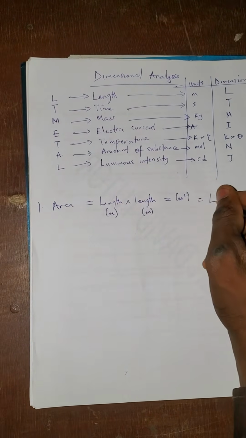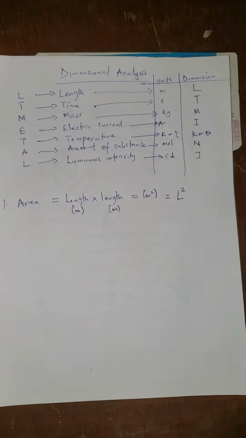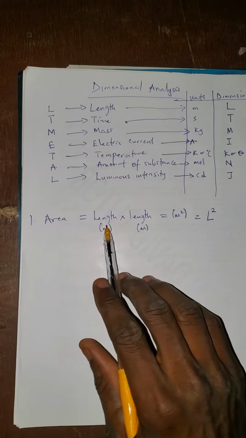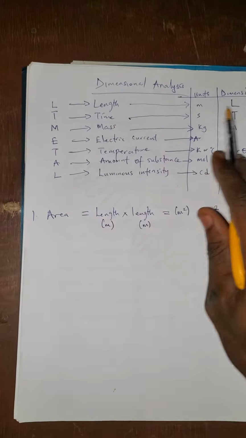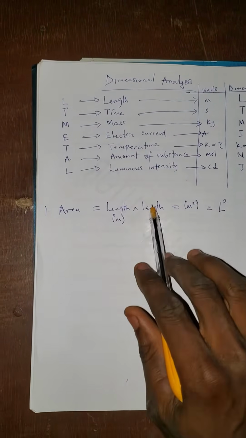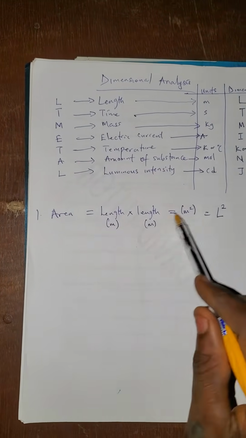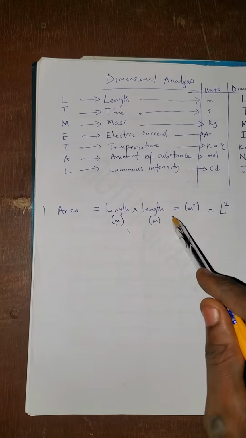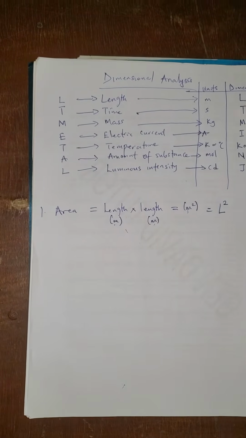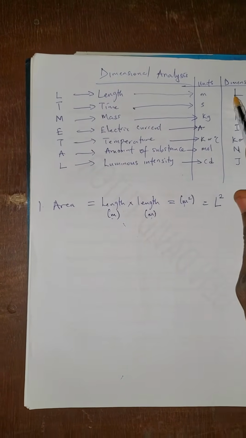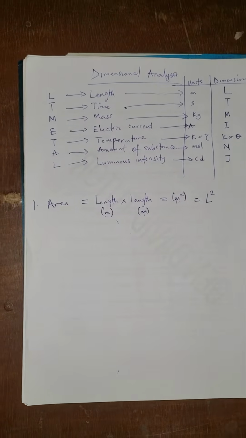So the dimension for area will be L squared, because the dimension for a length is L and for another length is L, or we have meter times meter is meter squared, and the dimension for a single meter is L, and that will be L squared.